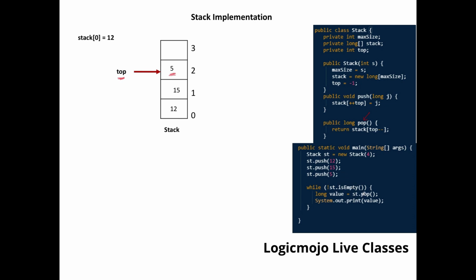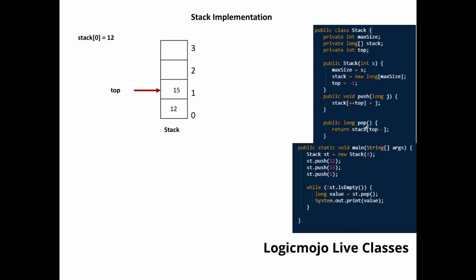So when we call st.pop, in this method we first take out the value from the top of the stack. The top of the stack is 5 here. We take out that number and then decrement the value of top. Now top is pointing at index 1 in this array, and the name of the array is stack. So this is the basic pop operation that happens in case of an array.